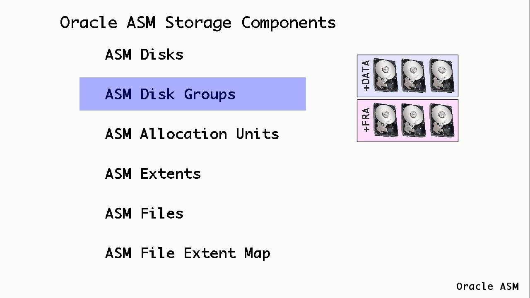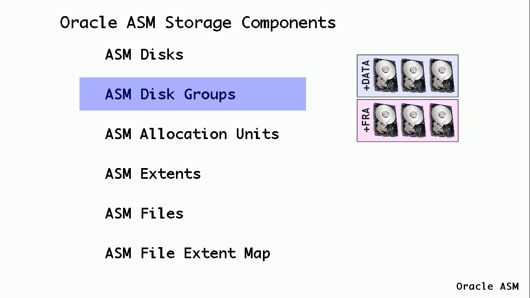Oracle ASM disk group is a collection of one or more ASM disks. Oracle ASM disk group is managed as a single unit by Oracle ASM. Oracle ASM disk group is comparable to a volume group in Logical Volume Manager.